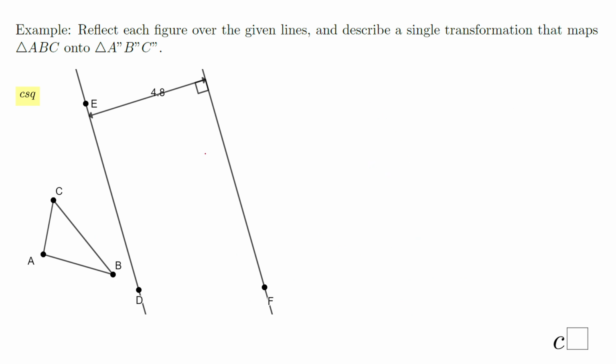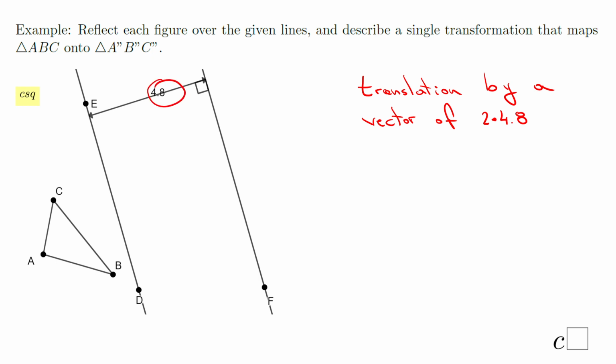If you remember, we reflect over parallel lines, so that will be a translation by a vector of 2 times 4.8, this 4.8, the distance. And the direction will be perpendicular to the line.